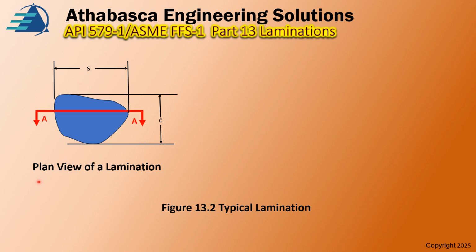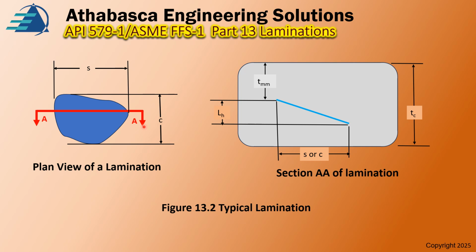As we look in the plan view, we're going to look at another one. It's called section AA, which is shown here. And this is where we talk about the planarity of the flaw. As we saw in episode 1, if we have a flaw that's in the middle of the part and it's all on one plane through the cross section thickness, then it's much less likely to be an issue.